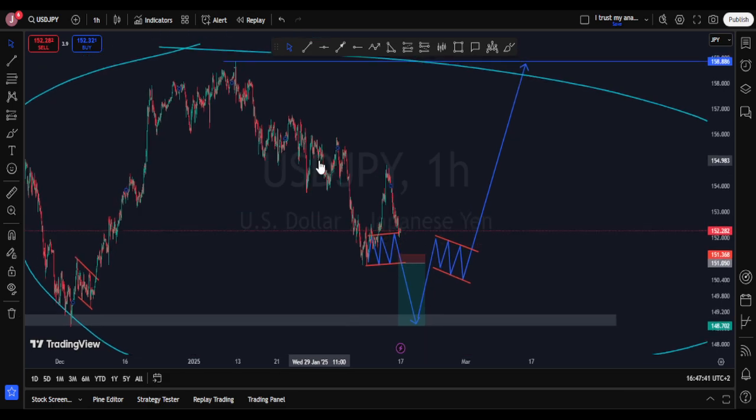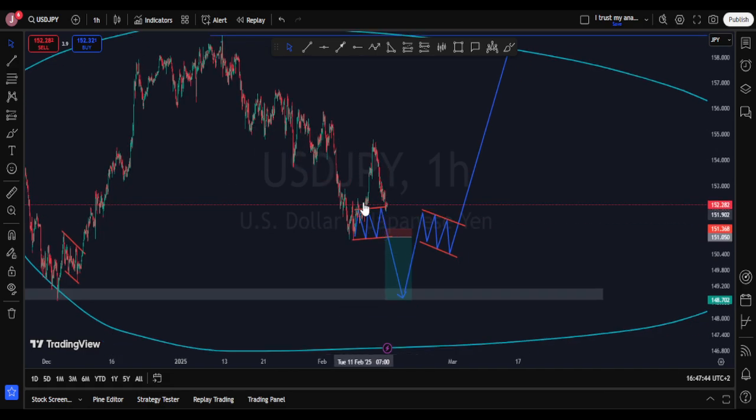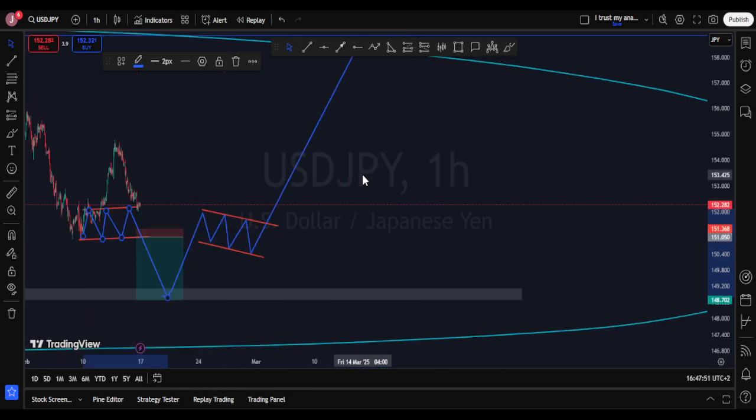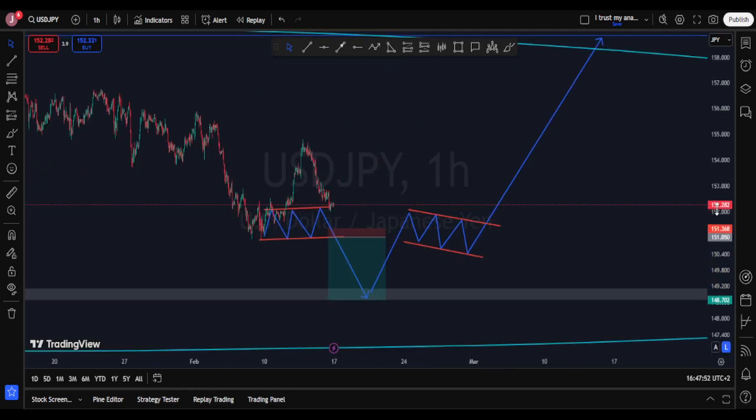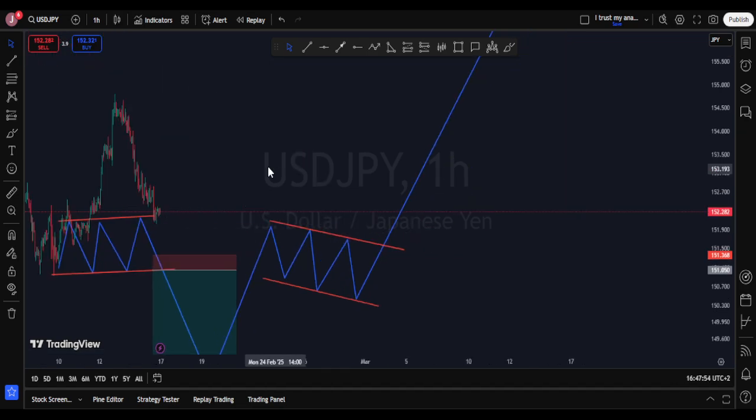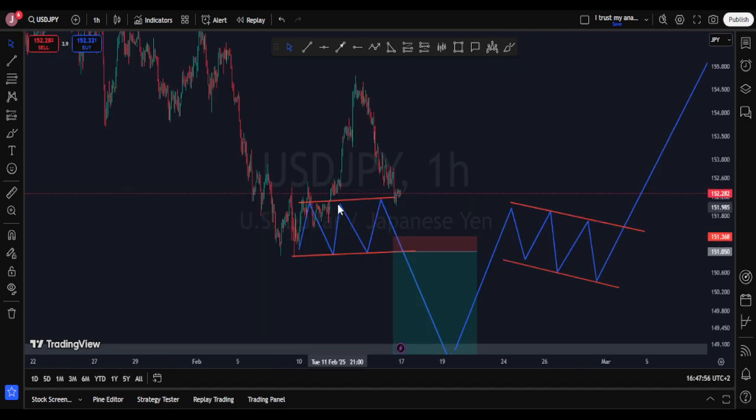So like I said, initially with USDJPY, we were looking for these sells to the downside. However, as you can see, I thought, let me just remove this analysis.